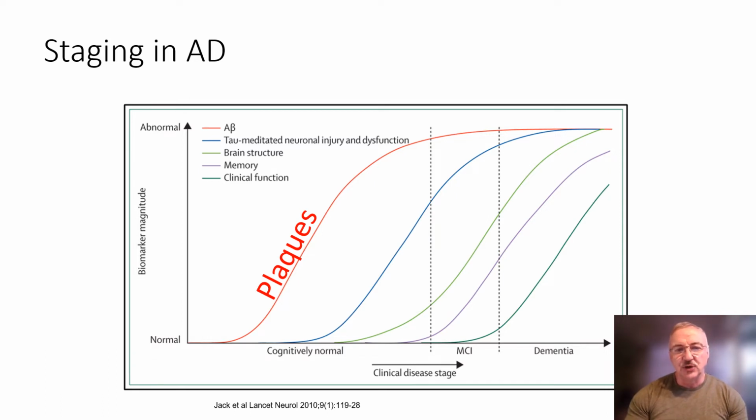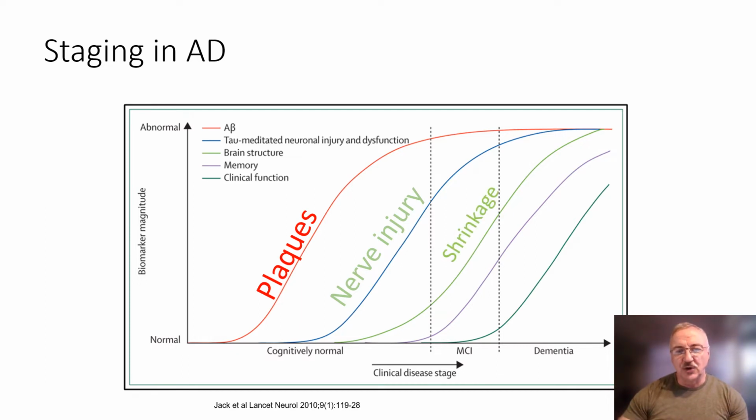This leads to neuronal injury and dysfunction, which is the hyperphosphorylation of the tau protein within those long oxidative stress neurons, again, that we talked about previously.